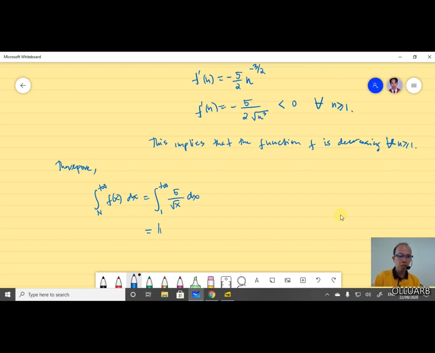This is equivalent to the limit of the integral from 1 to b, as b approaches positive infinity, of 5 times x to the negative 1 half dx.